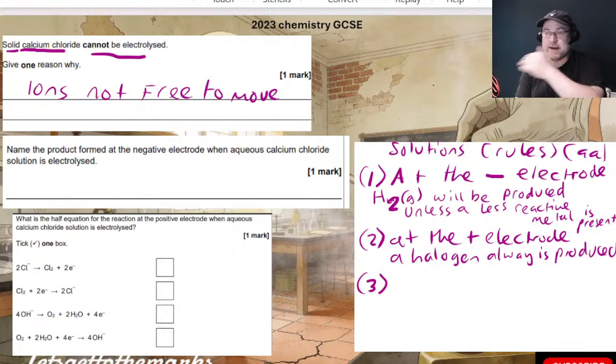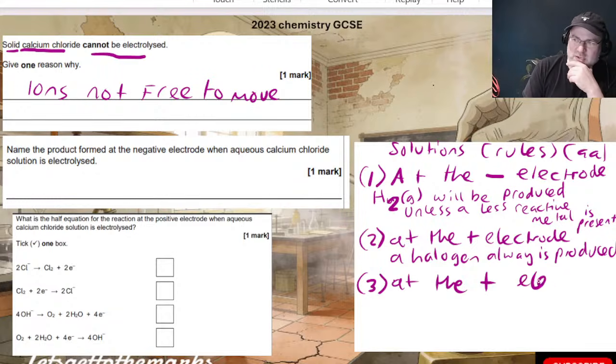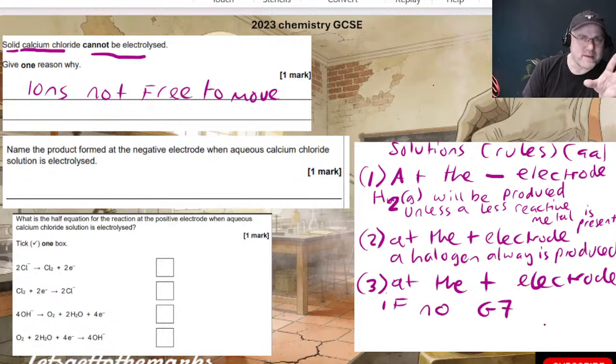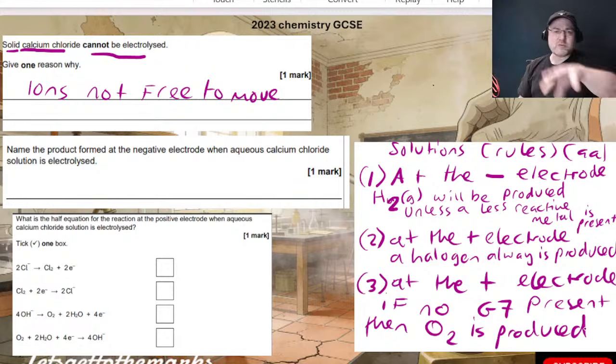If chlorine is there, it's always coming off. Nothing's coming off instead. Now, there is one time where it won't come off, and that's if there's no halogen. At the positive electrode, if no group 7 halogen is present, then oxygen is produced.